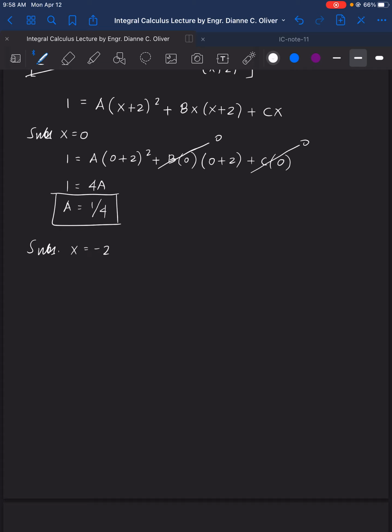We substitute x with negative 2, we have here 1 is equal to a times negative 2 plus 2 squared plus b times negative 2 times negative 2 plus 2 plus c times negative 2. So cancel this one out because it becomes 0. So what's left is 1 is equal to negative 2c. Therefore, c is equal to negative 1/2.